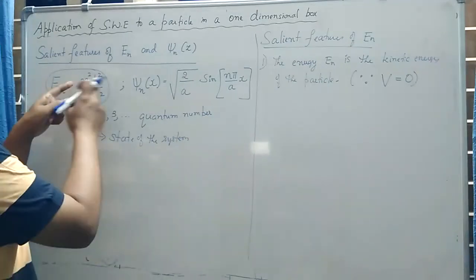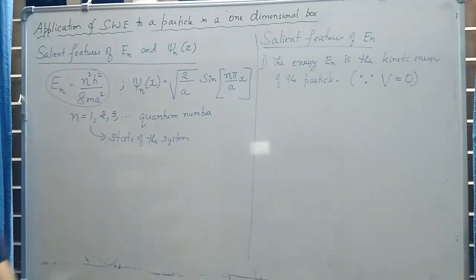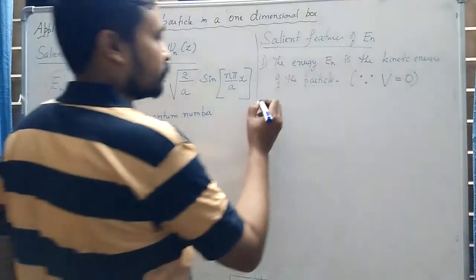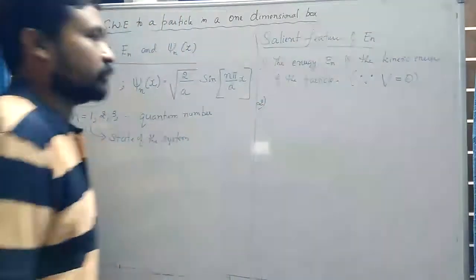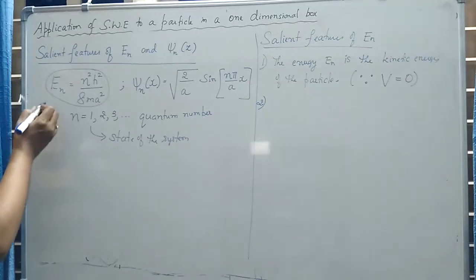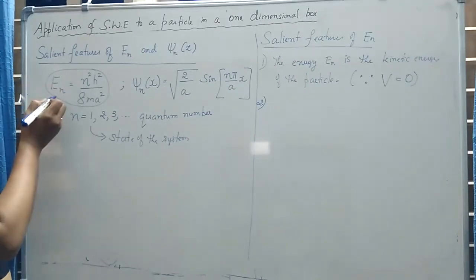So this n square h square by 8 m a square is not only the energy, it also is the kinetic energy of the particle. The second observation that we make here is, let us see on what different factors this energy depends.